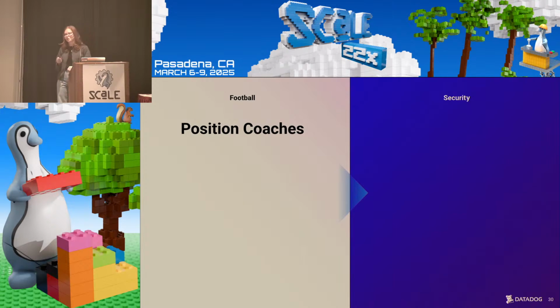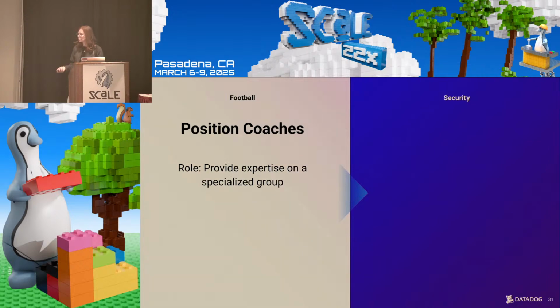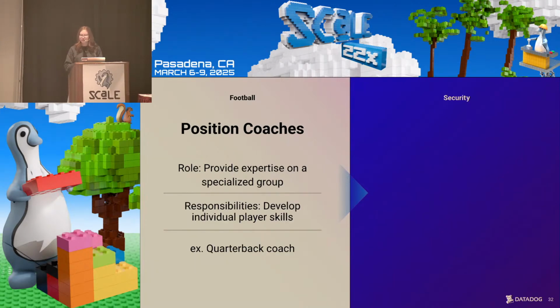So let's talk about position coaches. And you might be familiar with this, you might not. But they provide expertise on a specialized group. And with that, they help develop that specific type of skill. So a quarterback coach. And now, let's just think about this a little more broadly.